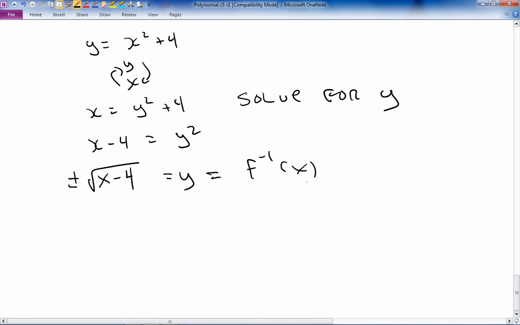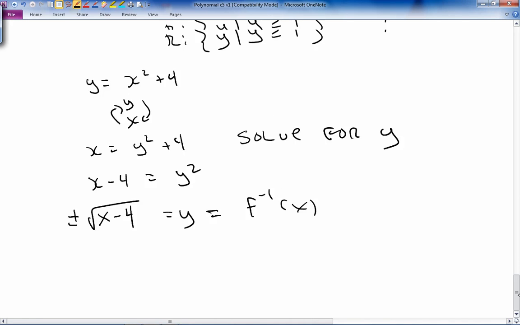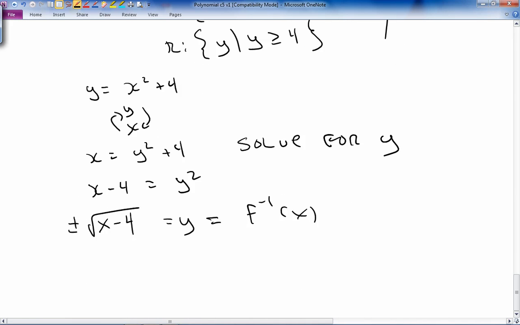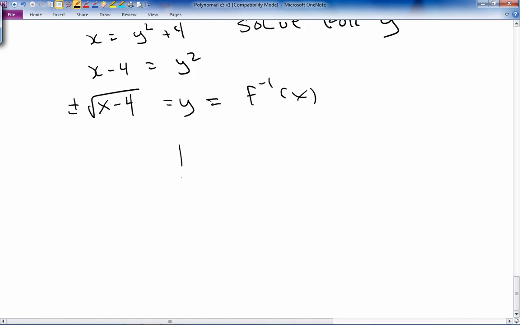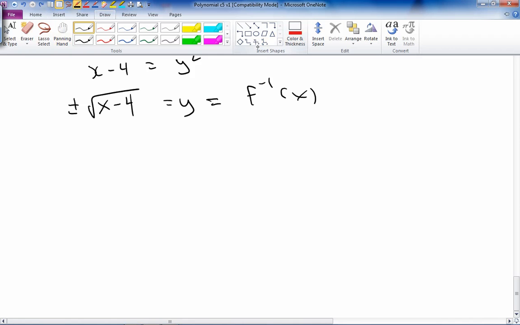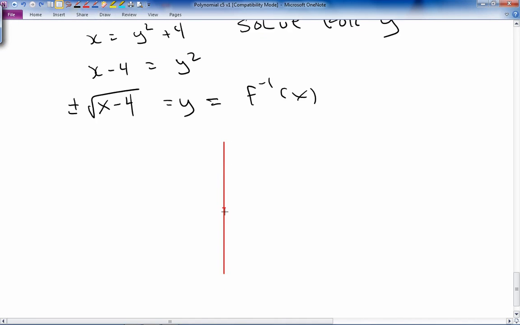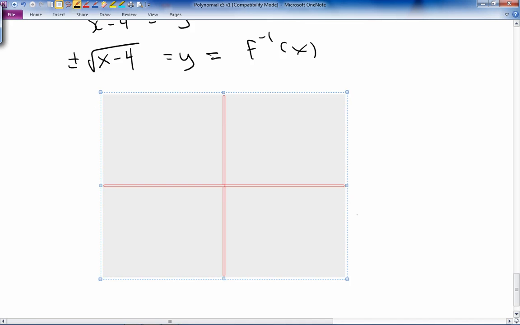What does it look like? Well, get some proper axes here. Here's the function.